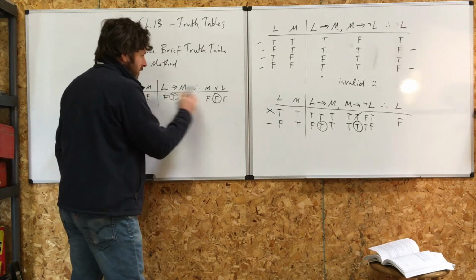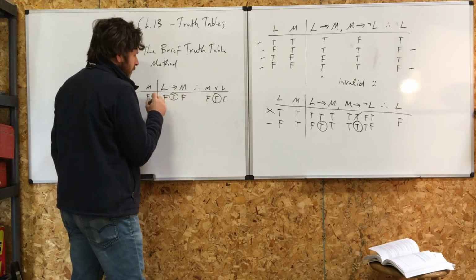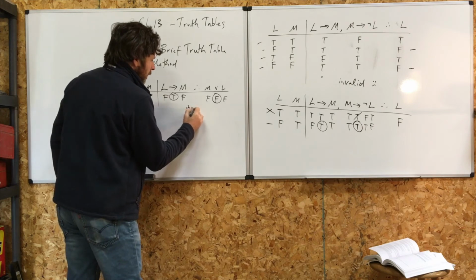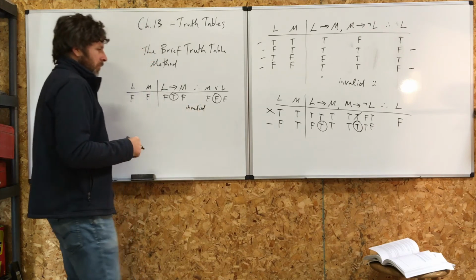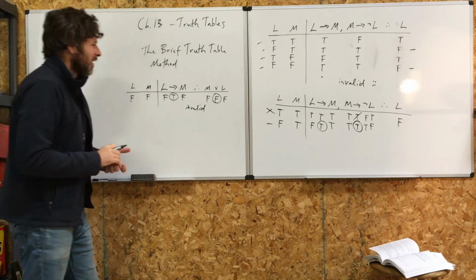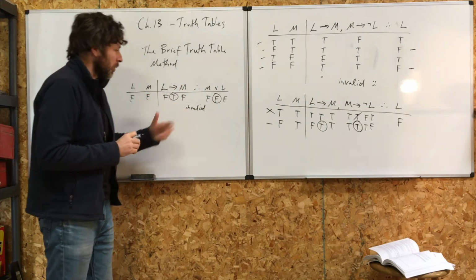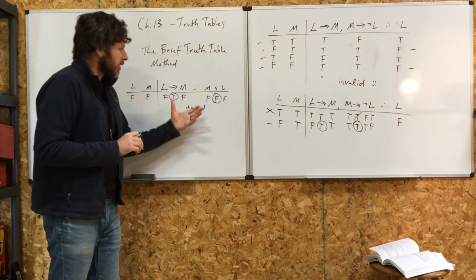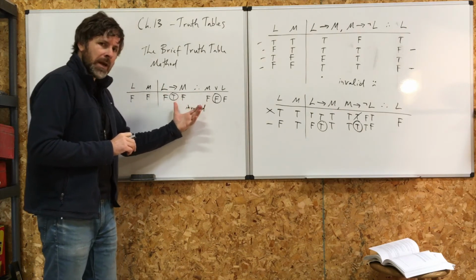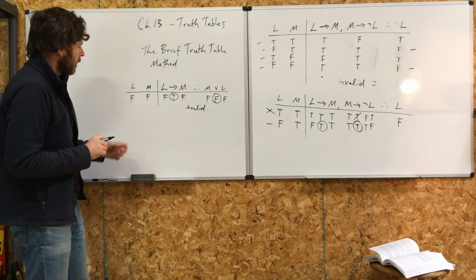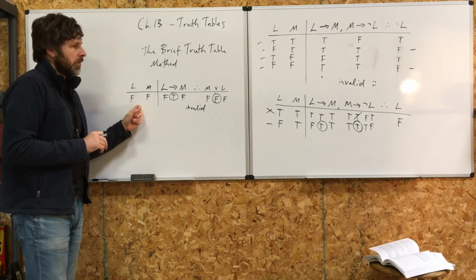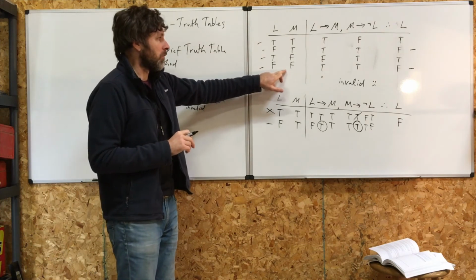We found consistent values here. It is invalid. Again, it's kind of odd. If we're successful, it's invalid. If we're unsuccessful, or if we create an inconsistent set of values, it will be valid. You see this? This is invalid. If you created a full truth table, this would have been row 4.